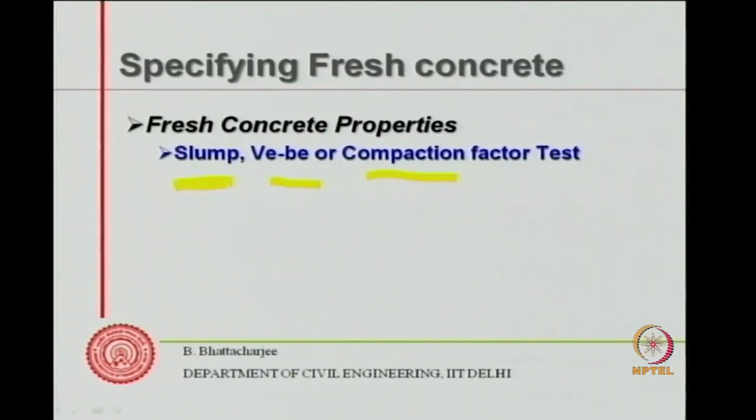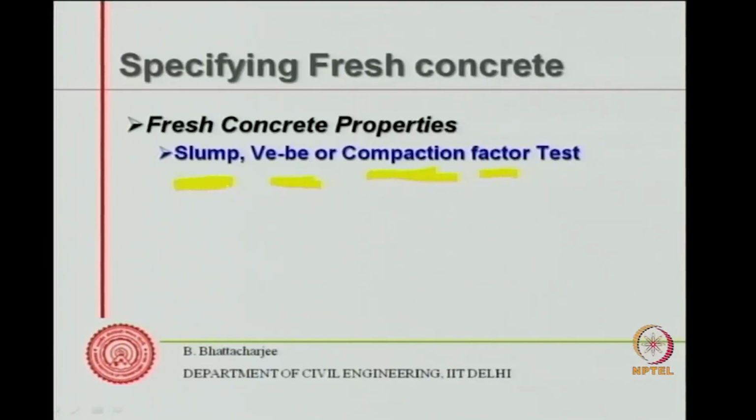These are some engineering properties devised for measurement of fresh concrete properties. What these values are, we'll come to this in detail sometime later on. We'll also talk a little bit about the measurement methods.